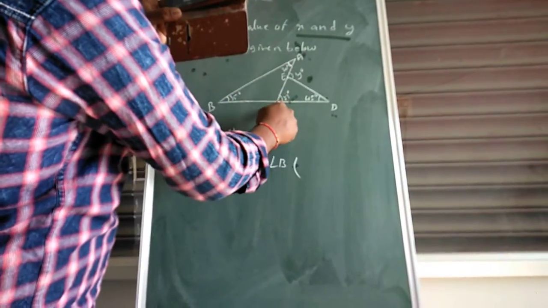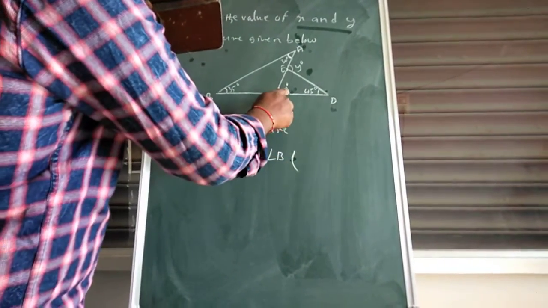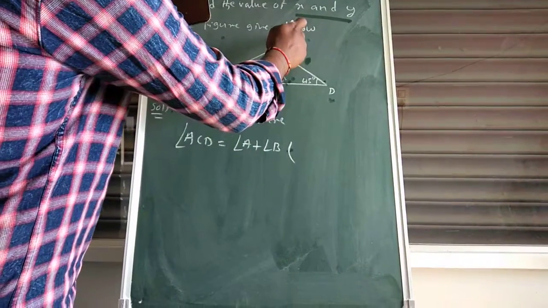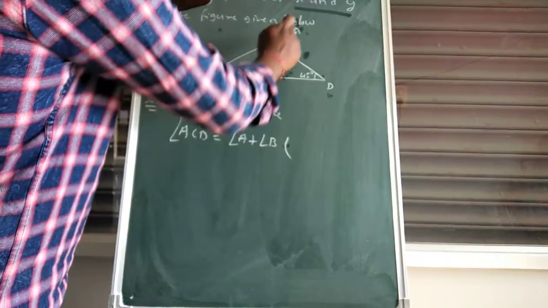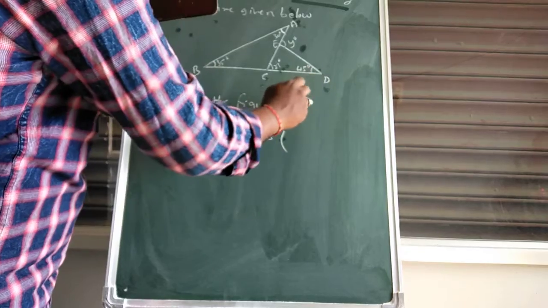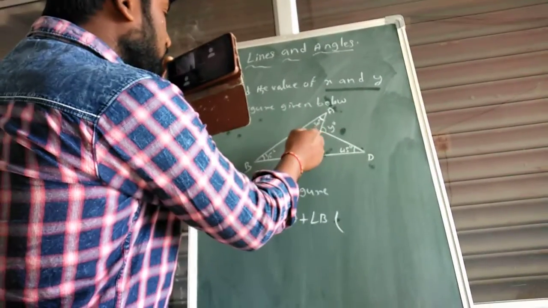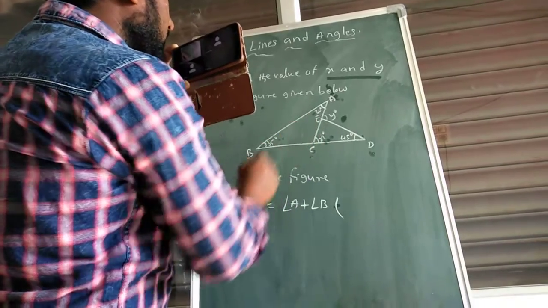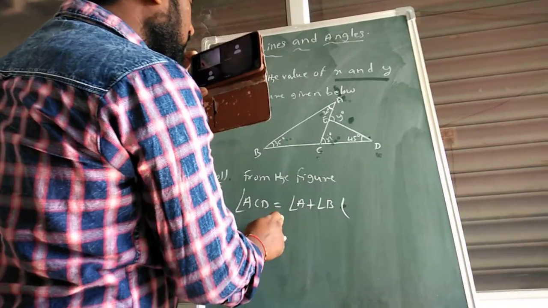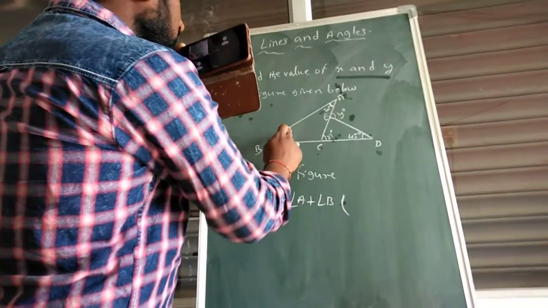Angle ACD means x degrees. In triangle ABC, ACD is the exterior angle. It is equal to the sum of opposite interior angles.